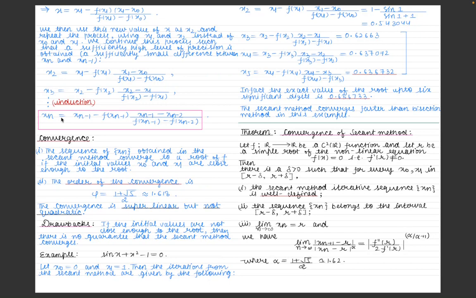We let the initial values be x0 equal to 0 and x1 equal to 1. This is just for the sake of applying the method. It is a formula based method, so you have to put the values every time.